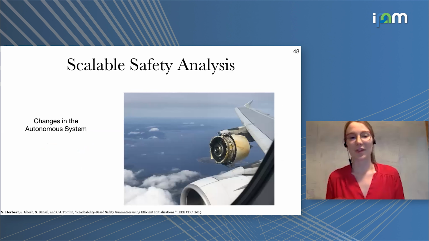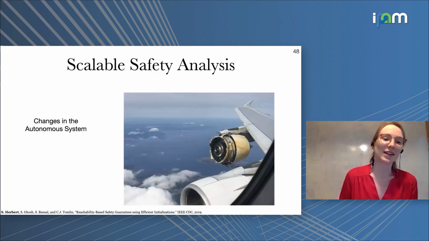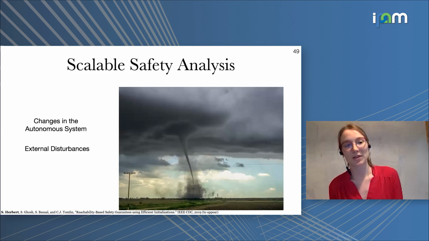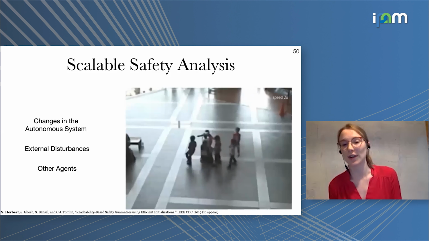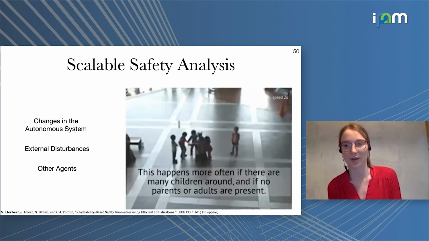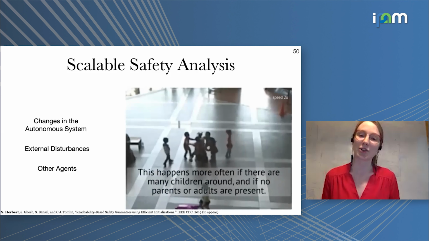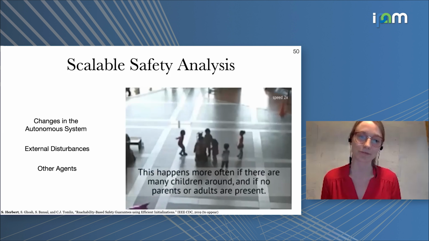So, if you find out that there are changes in the autonomous system, if there are changes in the external disturbances that you're assuming, or if there are changes in the behavior of other agents, like these children who are terrorizing a mall robot, can you update your computation based on your previous solution?